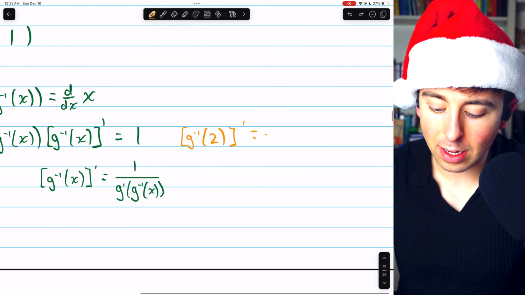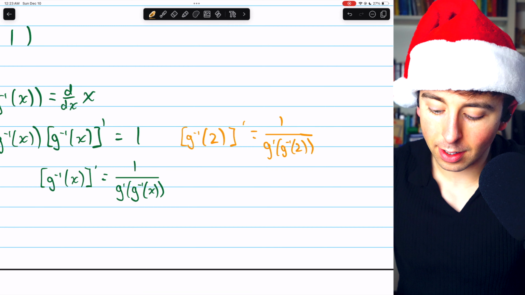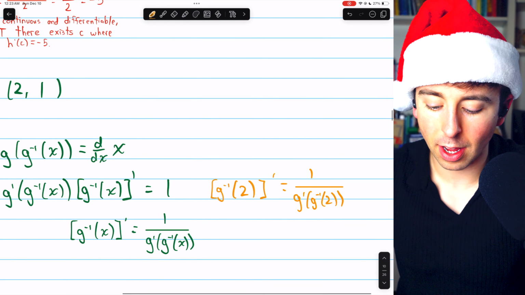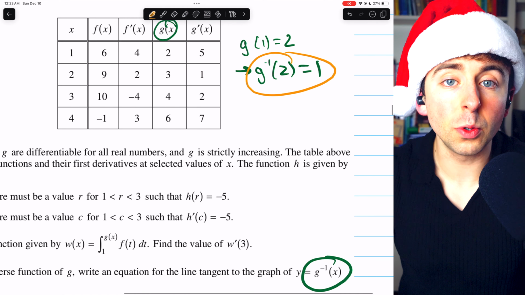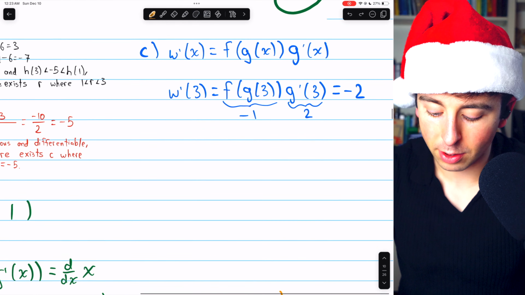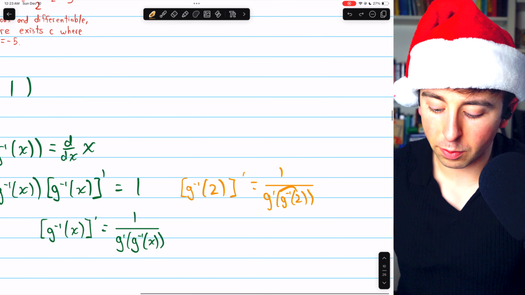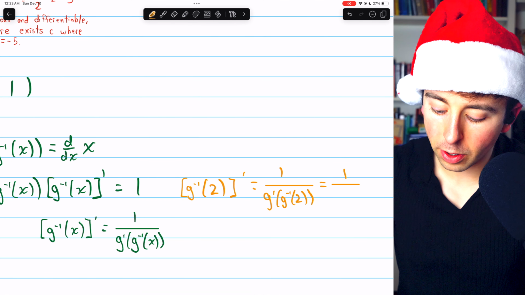And we know that this is equal to 1 over g prime of g inverse of 2. And let's see, what is g inverse of 2? Well, we already figured that out. G inverse of 2 is 1, because g of 1 is 2. Okay, so coming back down here, g inverse of 2 is 1. So this is going to be 1 over g prime of 1.